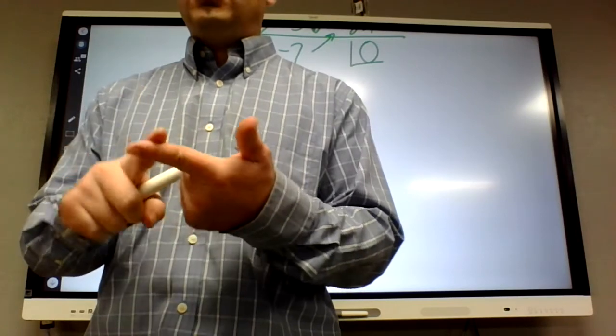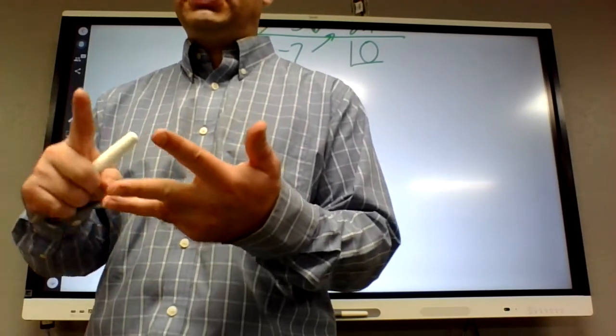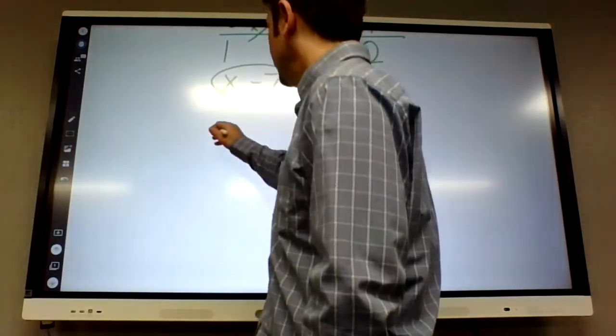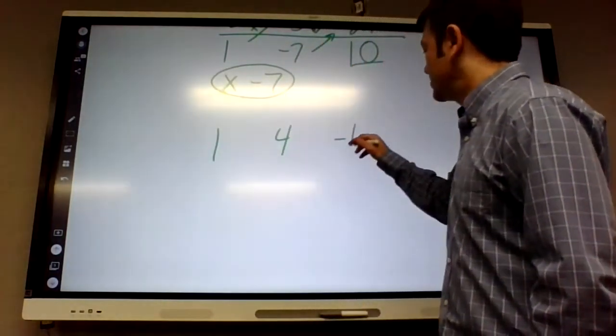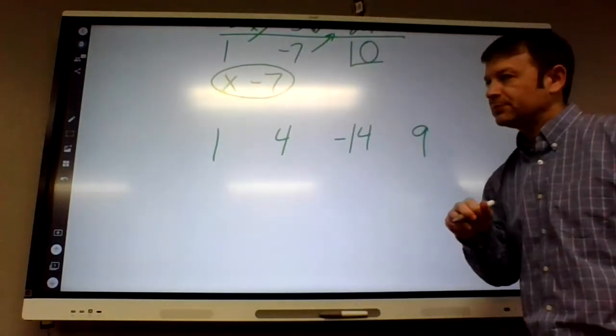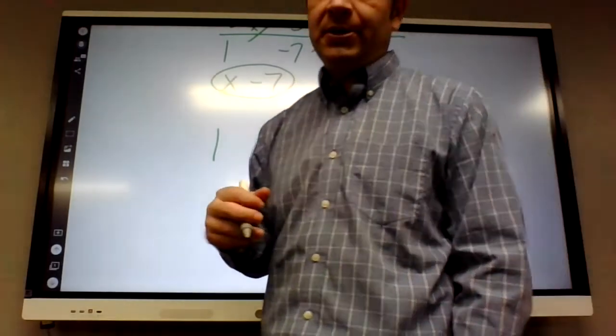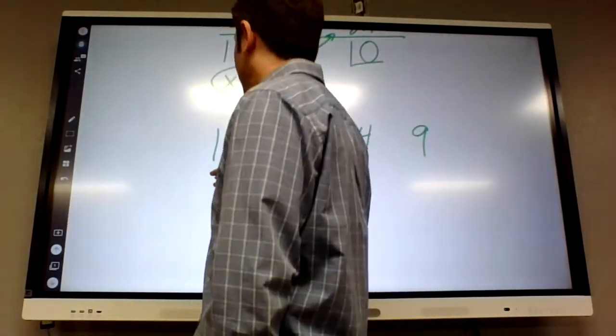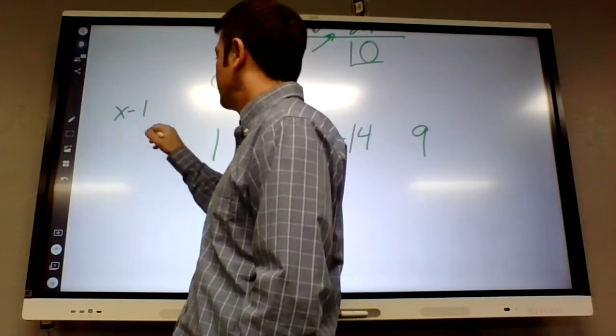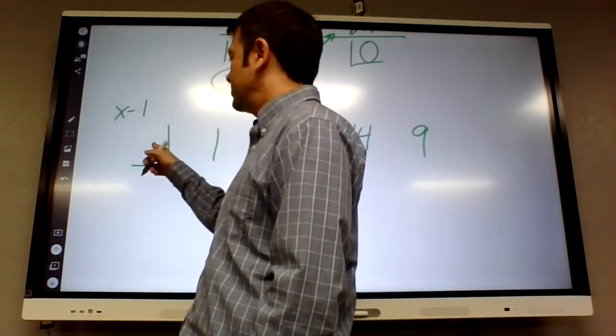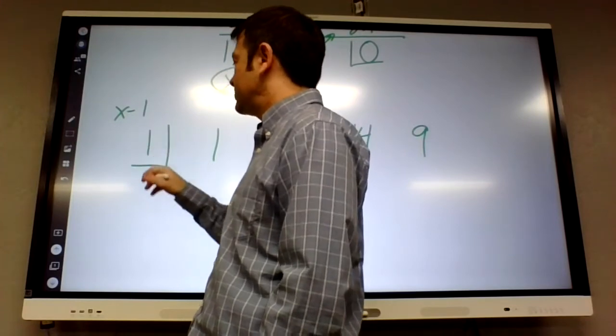Okay, 1, 4, negative 14, 9. That's what's going to go across the top. All right, the divisor is, we're dividing by x minus 1. So what am I going to put in the box over here? Positive 1.